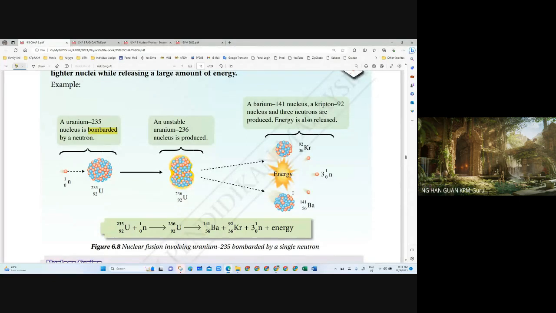I tell students you can make a story like this. There's one family, uranium-235, and this family is very big. Once it's big, it becomes not stable. Every day they are fighting and arguing between the family members, but it's still remaining as one family. Until one day a little tree comes in slowly and joins the family.